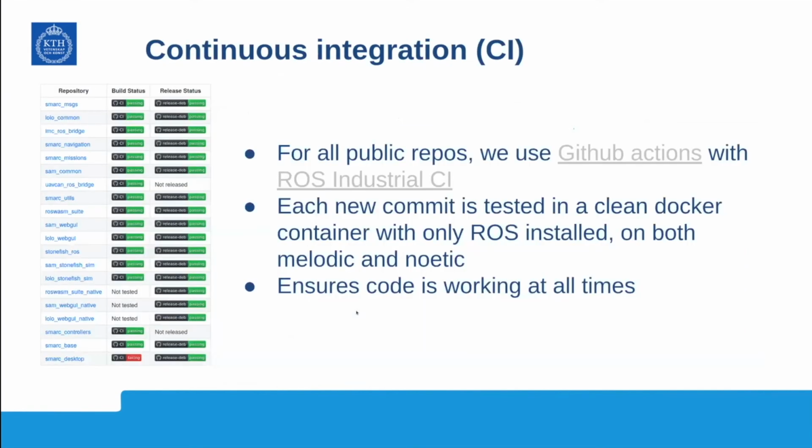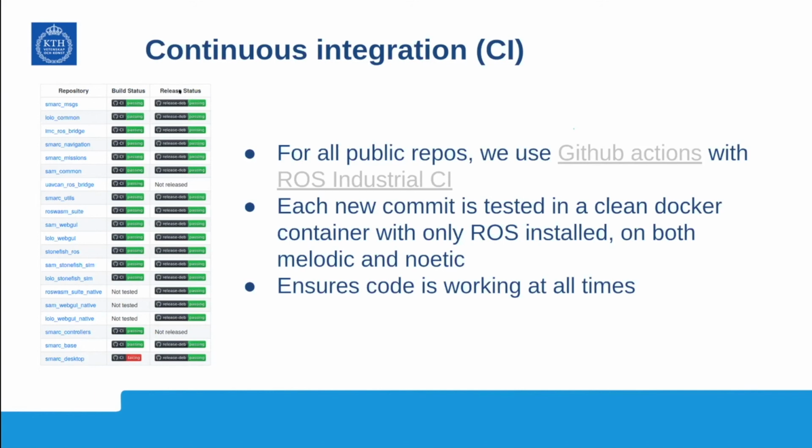So about that, this is another one of the points that I mentioned before. We have this continuous integration setup that tests all the new code that's checked in all the time. And so we can make sure that all of the code is running, and if someone checks in some code, it ensures that when someone else downloads the code, it will actually run for them as well.